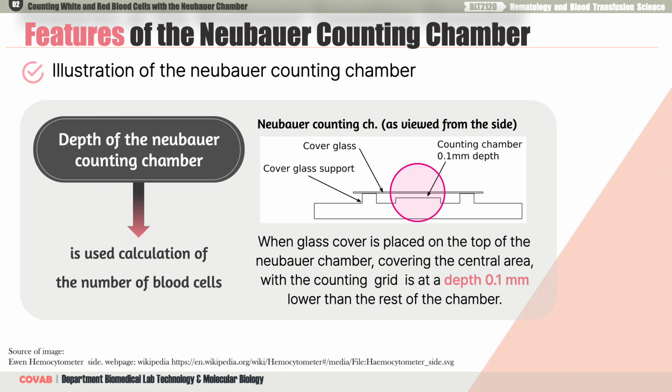When the cover slip is placed on top, the central area that houses the grid, shown in the red circle, is at a depth of 0.1 millimeter lower than the rest of the counting chamber. So this depth of 0.1 millimeters is what we are going to consider during the final calculations.